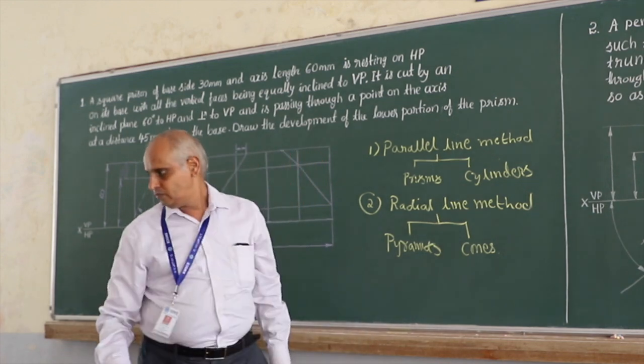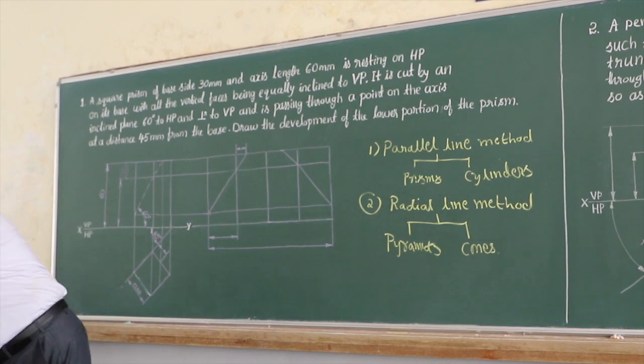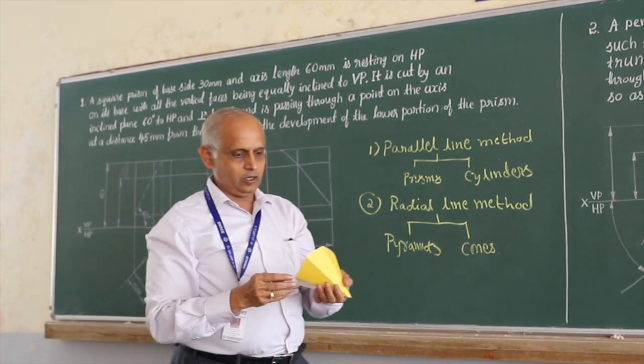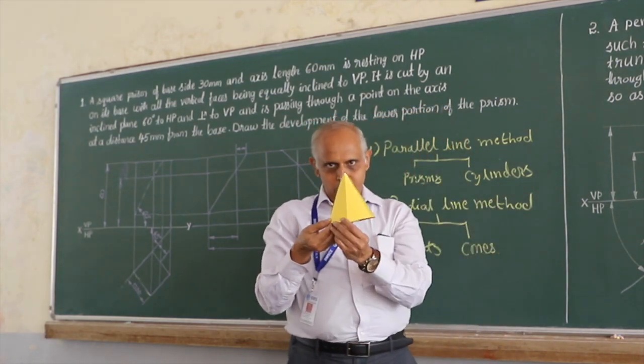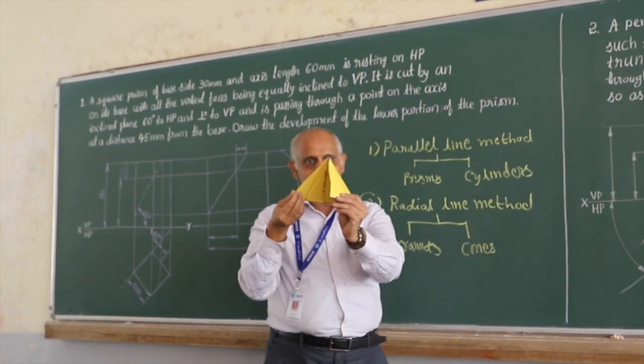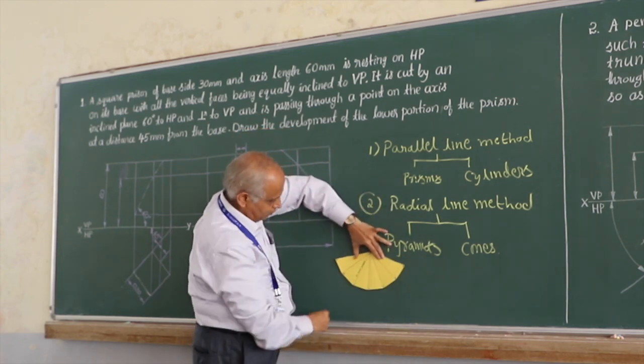For example, if I try to take a hexagonal pyramid, remember, this is a case of a hexagonal pyramid, when I do the development of this, it opens out like this, and this will be the development of this pyramid.